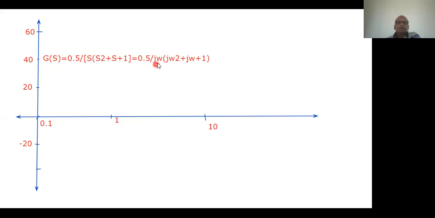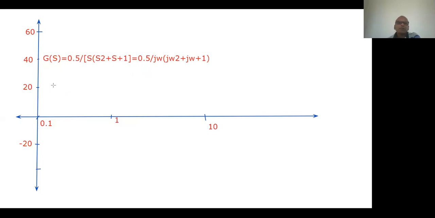If you consider the 0.5 divided by the j omega, then draw a line. Magnitude of this is, say, 6 dB.